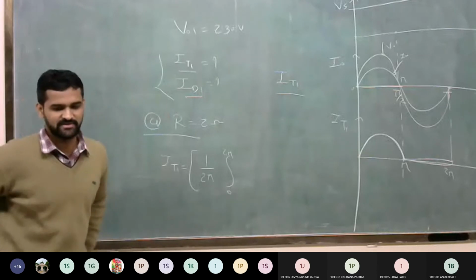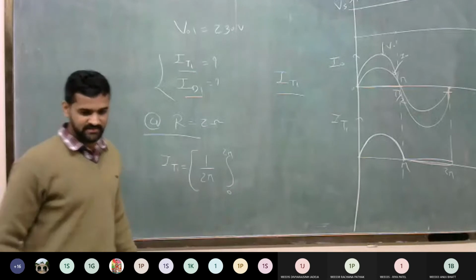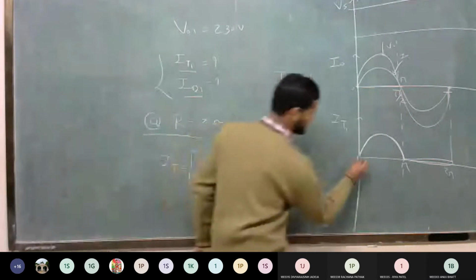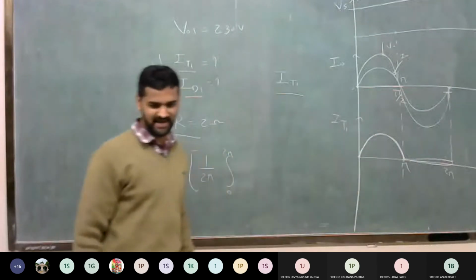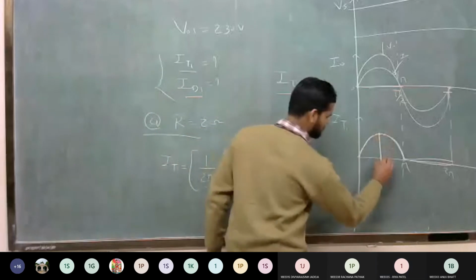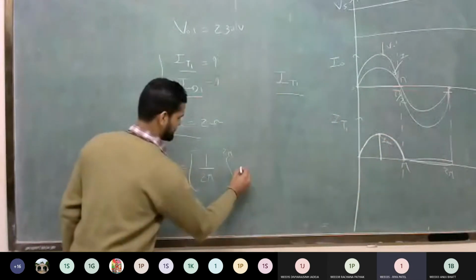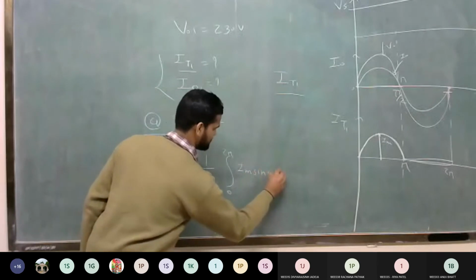So what is the value of current? What is the shape of the half wave current? It is a sine wave. Yes or no? Suppose it is Im sine omega t.